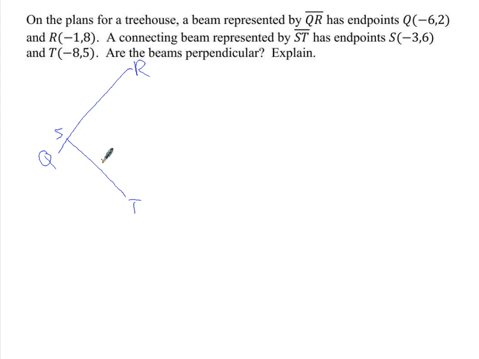So what they're asking you to do is try to figure out if these could possibly be perpendicular. How would we know if things are perpendicular based on what we've done so far in this section? How do we know if things are perpendicular? Yeah, the slopes would be opposite reciprocal. So they've given me, for QR, the endpoints of the segment.